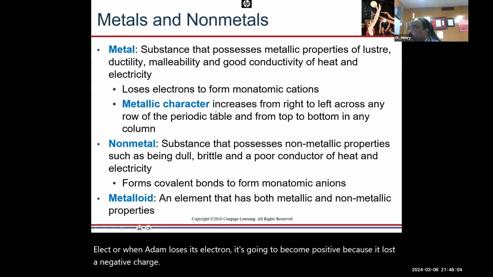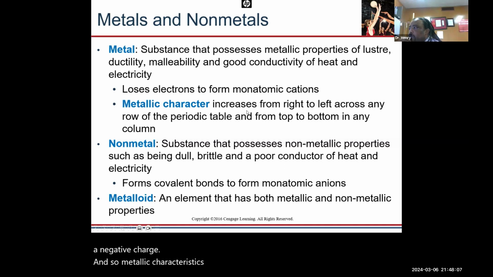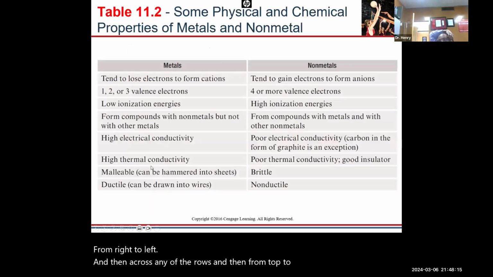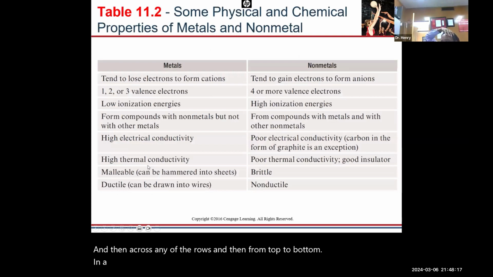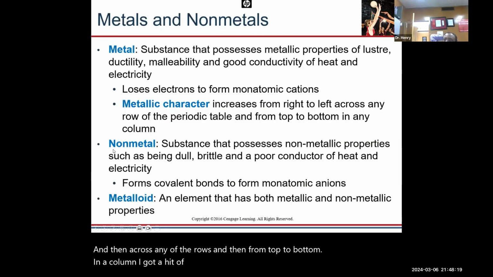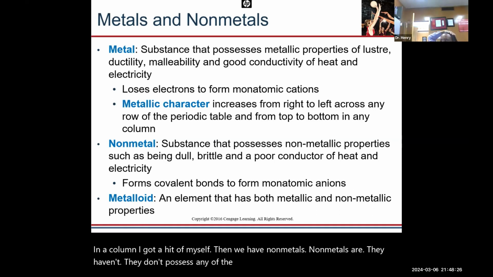And so metallic characteristics are going to increase from right to left, and then across any of the rows, and then from top to bottom in a column. Then we have nonmetals. Nonmetals don't possess any of the metallic properties.